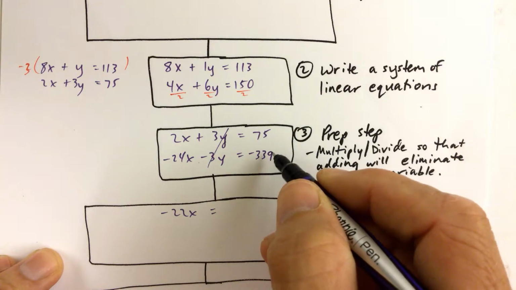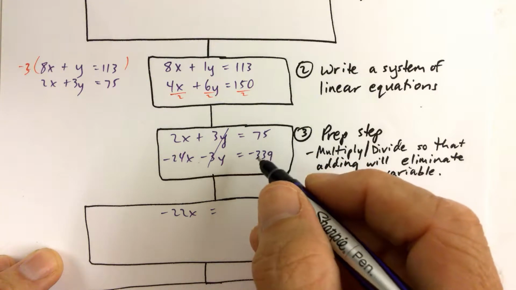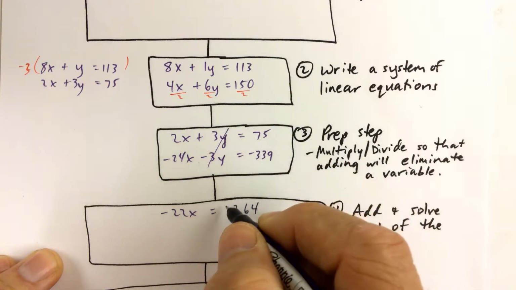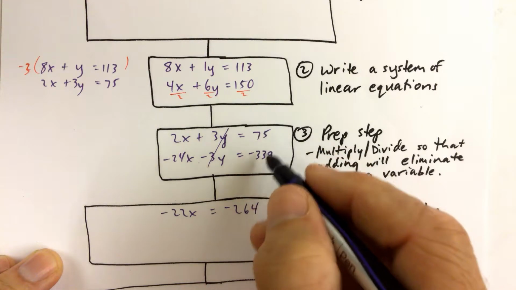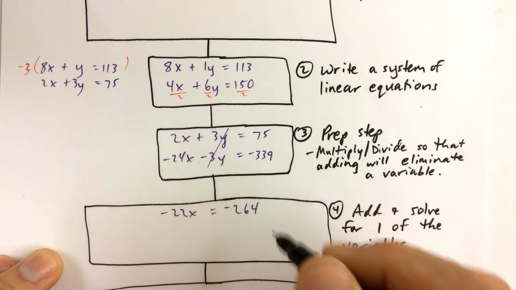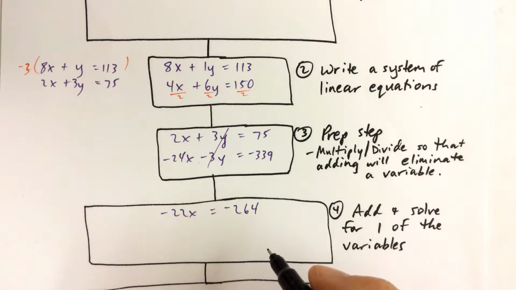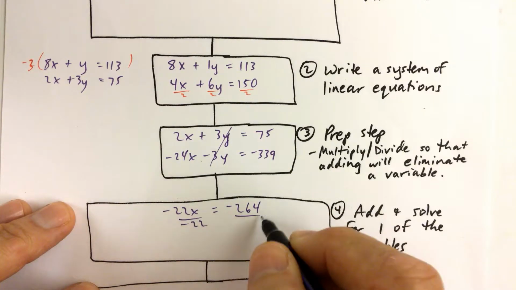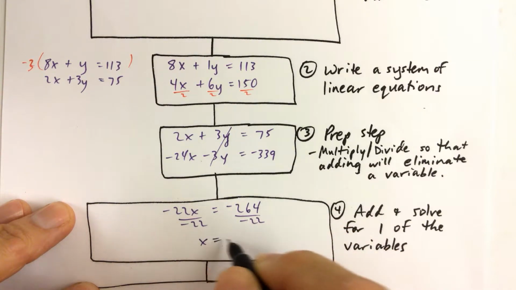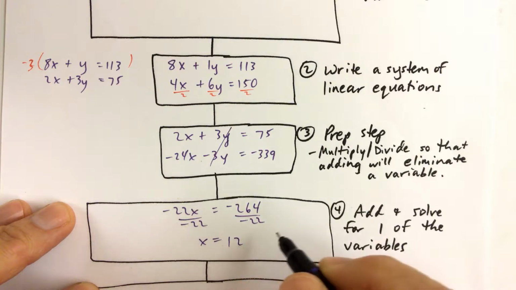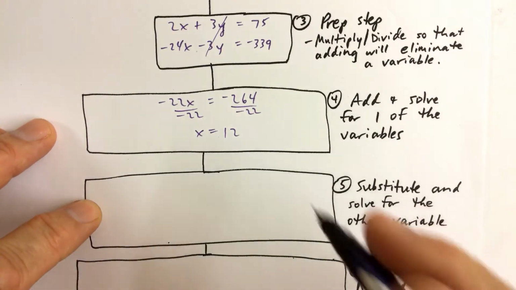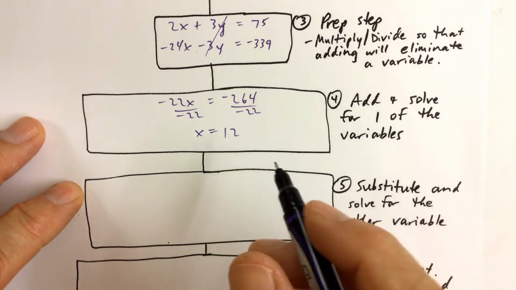We really want to do 339 minus 75, which is 264, but 75 minus 339 would be -264. And when we divide that by -22, we're going to get x is equal to 12. You're allowed to use your calculator for these so you don't get bogged down with the numbers.